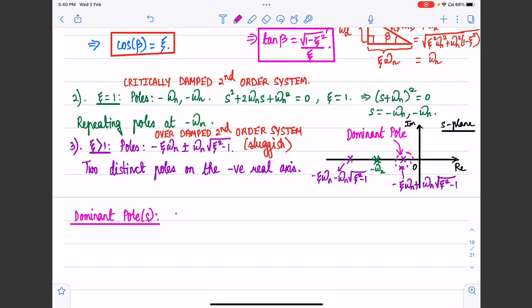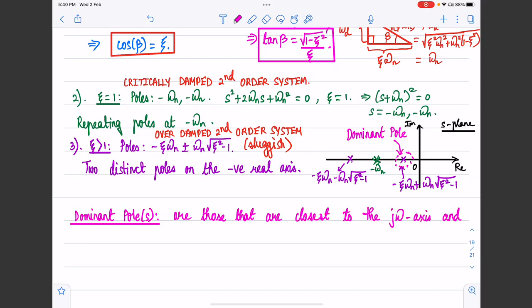So dominant poles are those that are closest to the j omega axis, or the imaginary axis, and consequently dominate the system response.